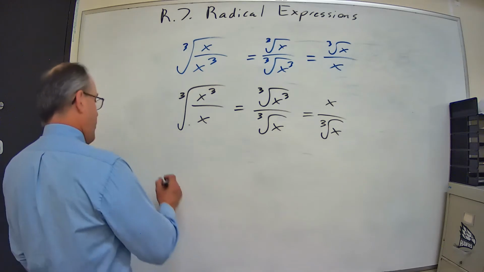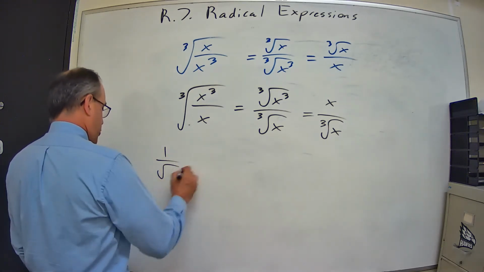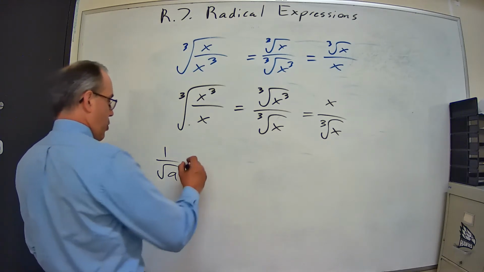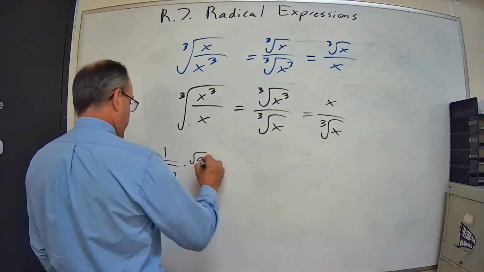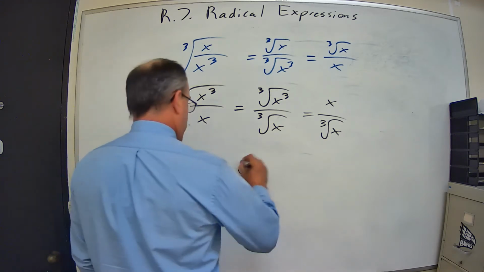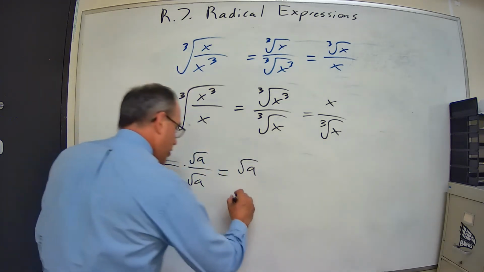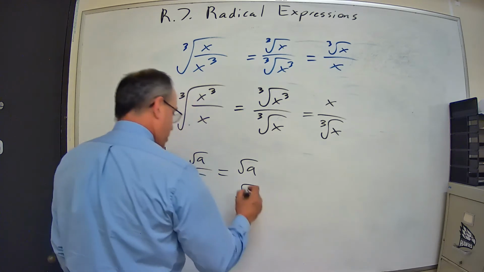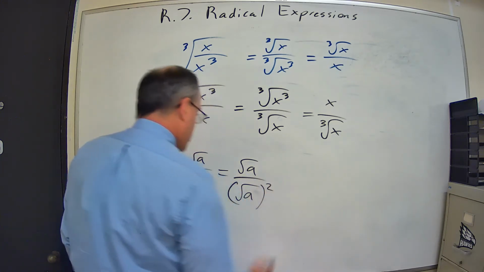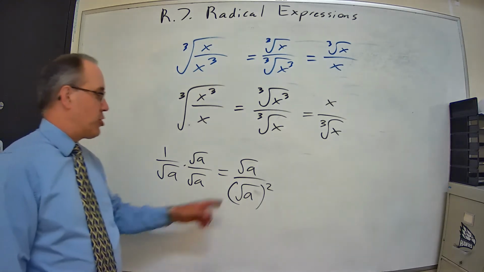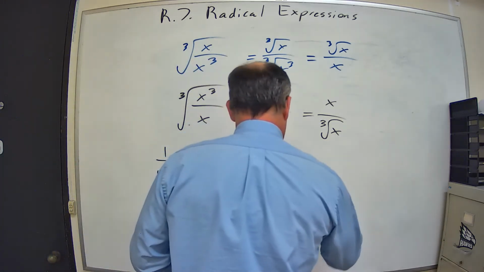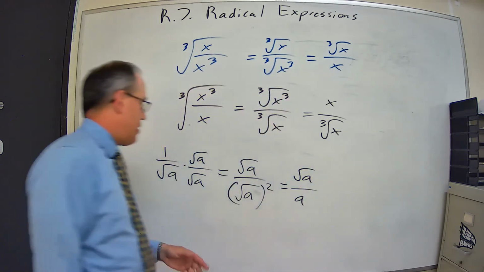If you have 1 over the square root of a, then you can multiply that by the square root of a over the square root of a, and you end up with the square root of a over the square root of a squared, to show it as written. And when I go square root squared, those cancel out, and we get the square root of a over a.